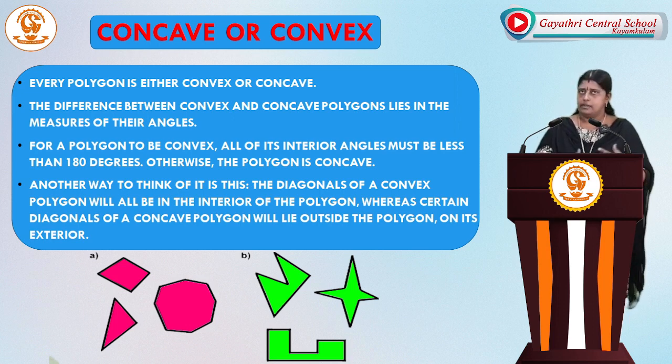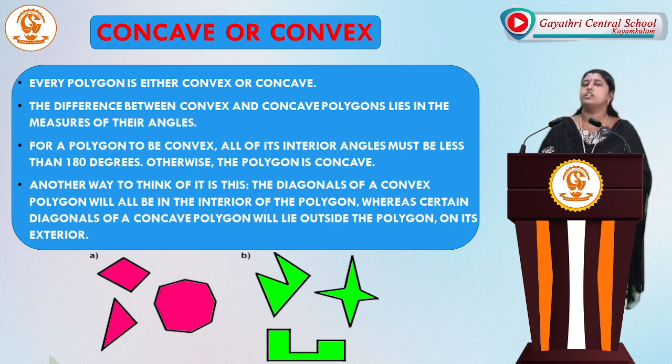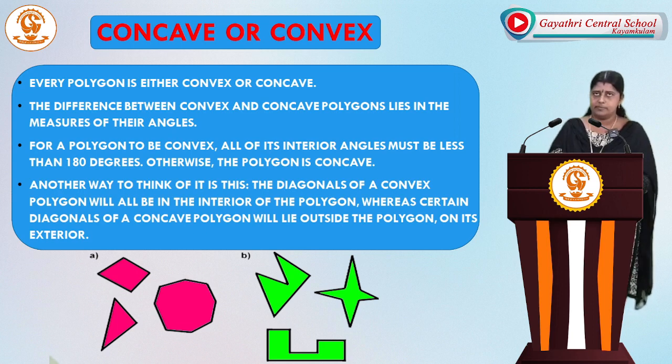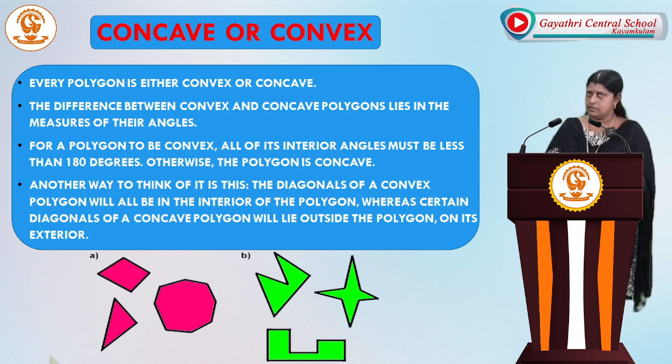So, how can we differentiate this, concave or convex? In a convex polygon, all of its interior angles must be less than 180 degrees. And in a concave polygon, diagonals may be in the exterior part. Is it clear, Makle? Yes, ma'am.